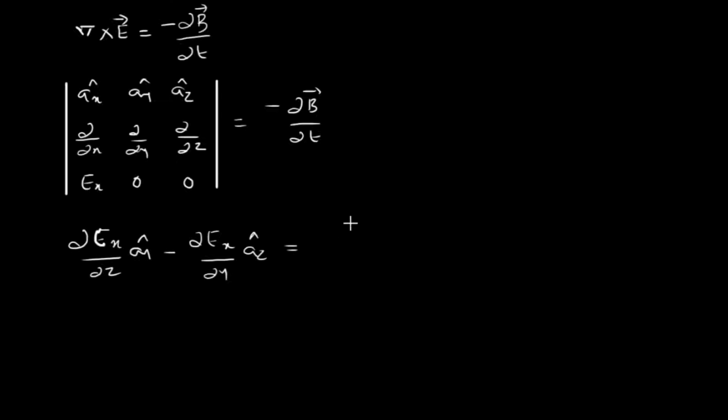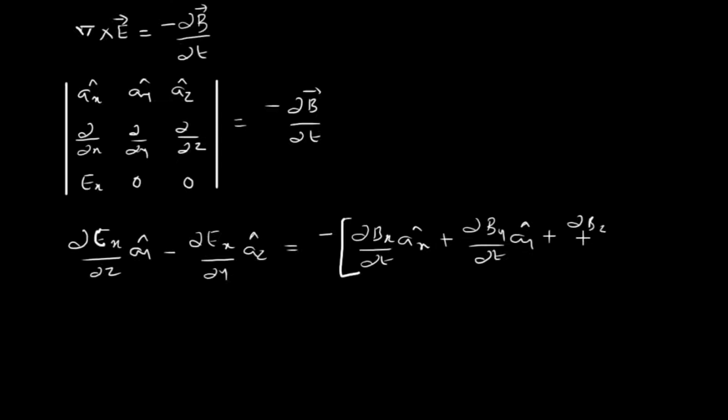So this will be equal to minus of partial differential of Bx with respect to time in x direction, variation of By with respect to time in y direction, and variation of Bz with respect to time in z direction.